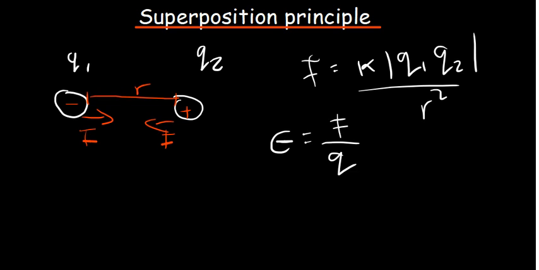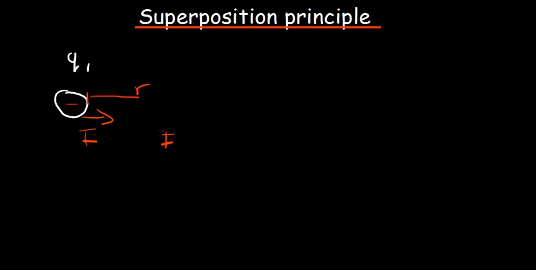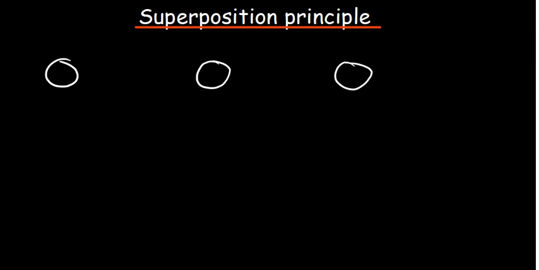Now, there's another very important principle which we need to understand. What if we have more than two electric charges? How can we calculate the net electric force? Let's say we have more than two charges: A, B, C. Let me say this one has to be positive and this one has to be negative.